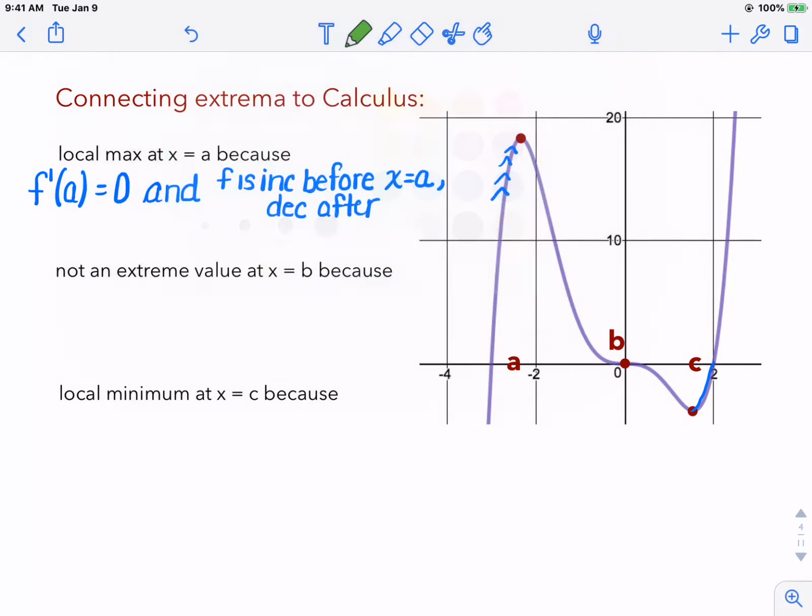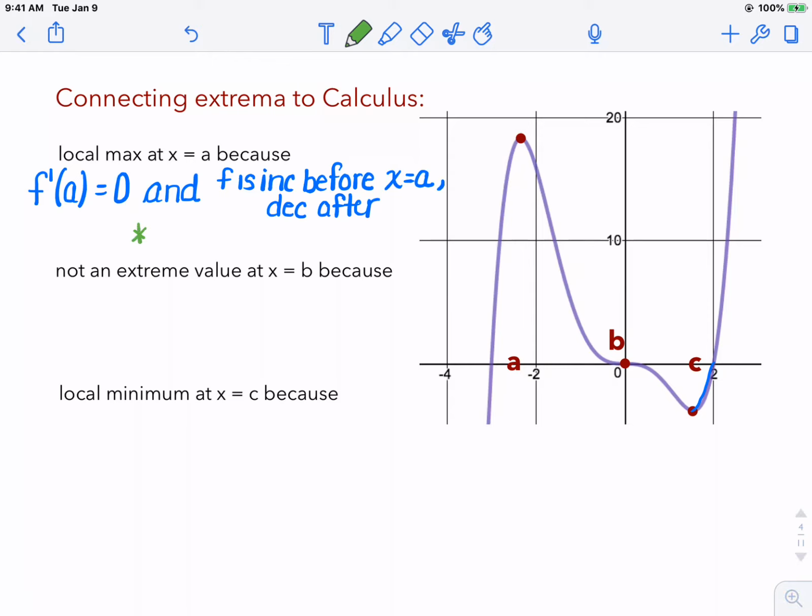Now we want to talk about what calculus would say about that. And calculus wouldn't talk about f, it would talk about the derivative. And we would note that because the slope is positive before we get to x equals a, and the slope of f is negative afterwards.